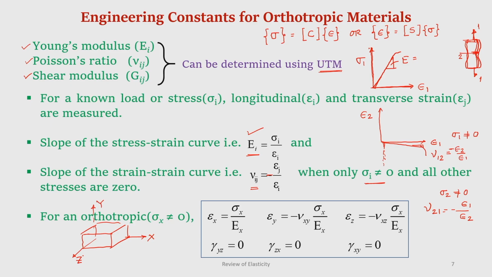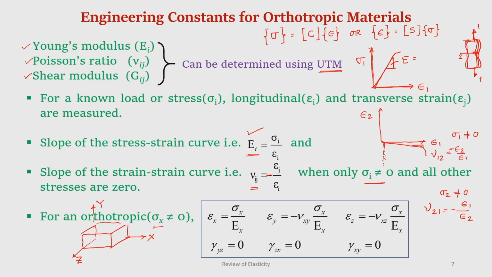Suppose these x plane, y plane and z plane are the planes of orthotropy. So, if we apply a stress sigma x, all other stresses are 0, what will that lead to?